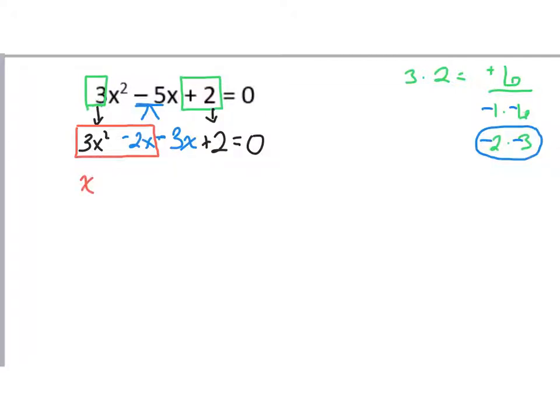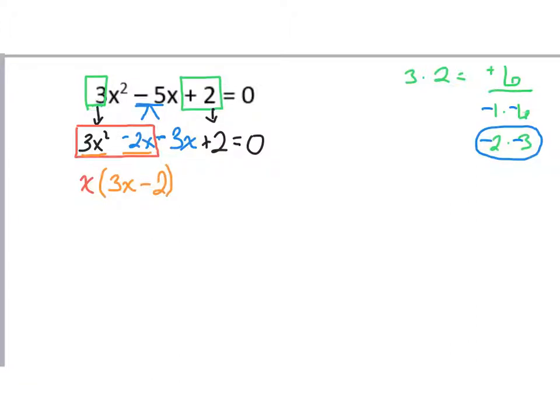If I take an x out of both of those terms, that's going to leave me with, if I take an x out of the first term, a 3x. So when I multiply x times 3x, I get my 3x squared. When I take an x out of the second term, it just becomes a minus 2, because x times a minus 2 gives me minus 2x.